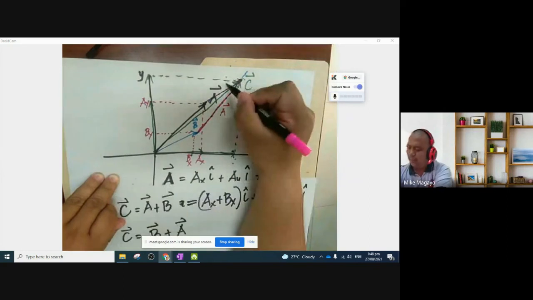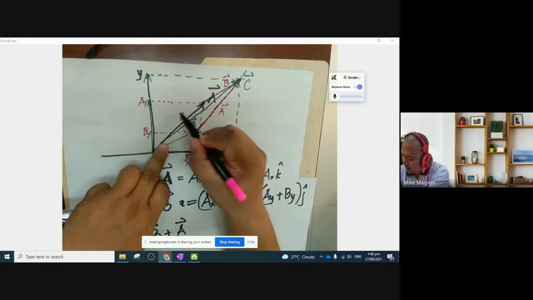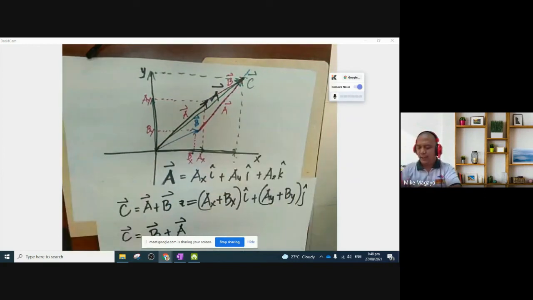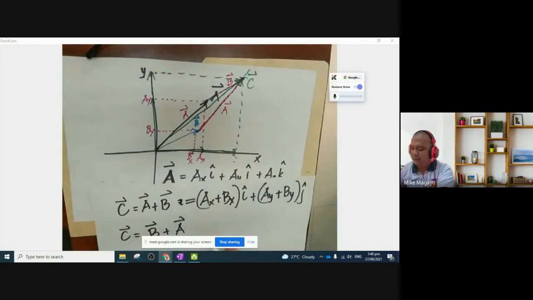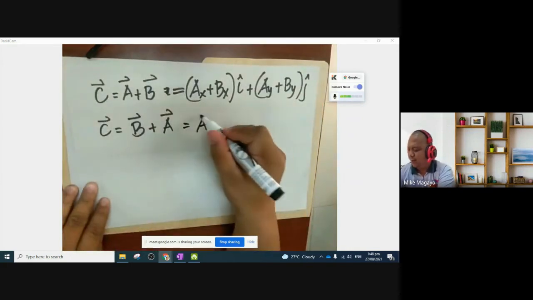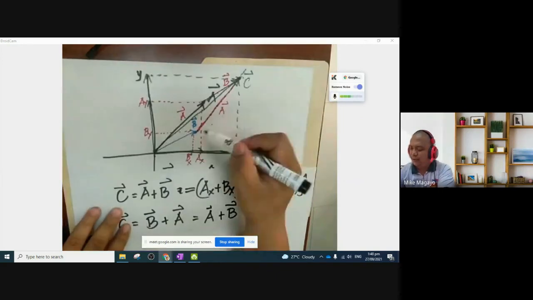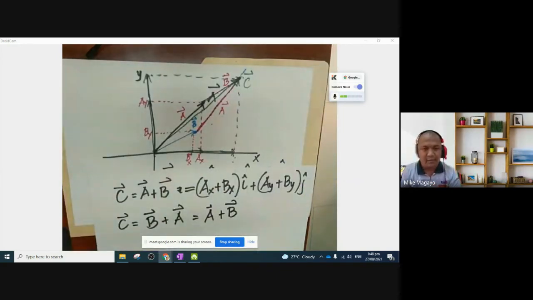Call that vector B. If this is vector A and that's vector B, then we could say that vector C is just equal to vector A plus B. And what we did is just use the head to tail method.